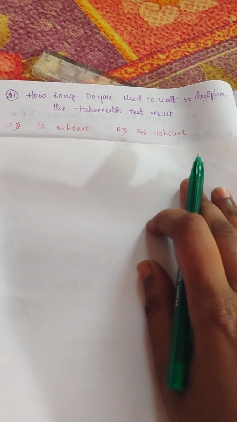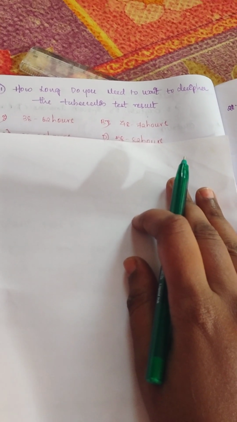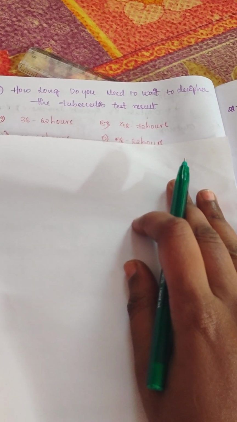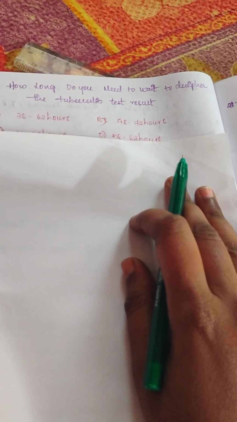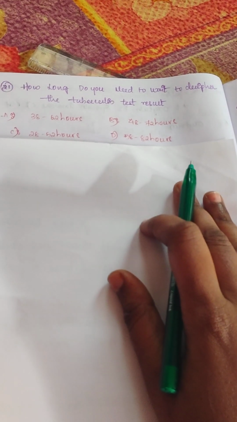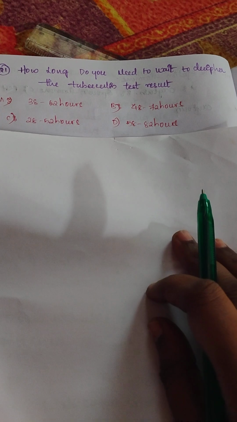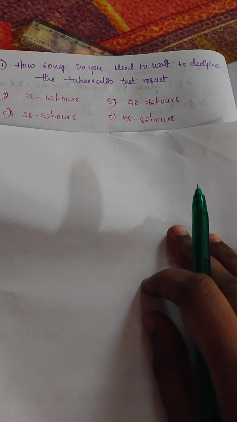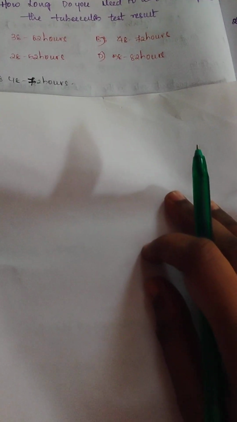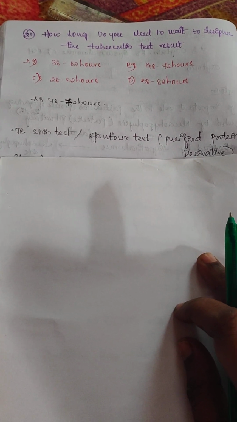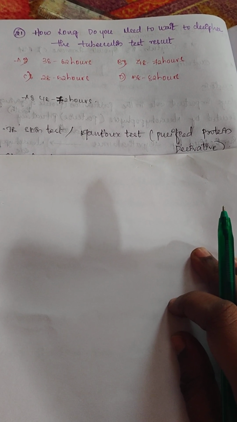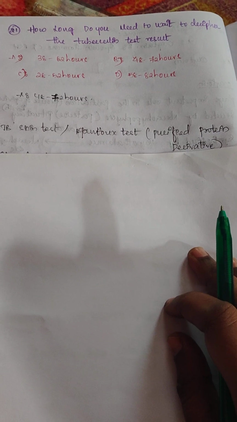Next question. How long do you need to wait to read the tuberculosis test result? Options: 38 to 62 hours, 48 to 72 hours, 28 to 52 hours, or 58 to 82 hours. The answer is 48 to 72 hours. Actually, this test we can also call the skin test or Mantoux test, purified protein derivative.